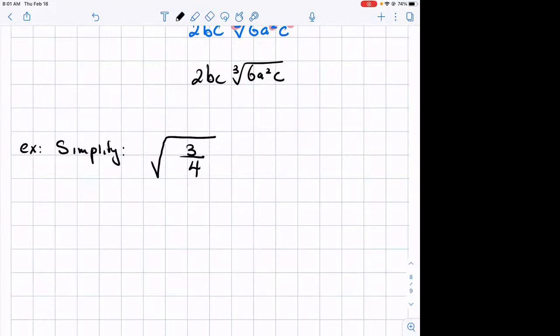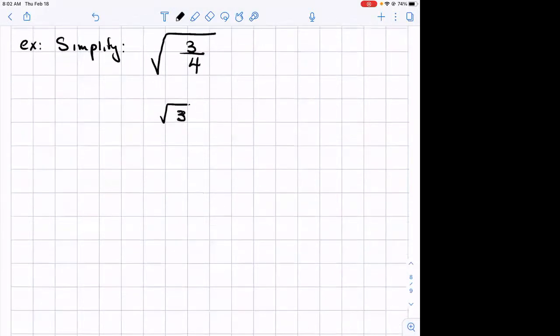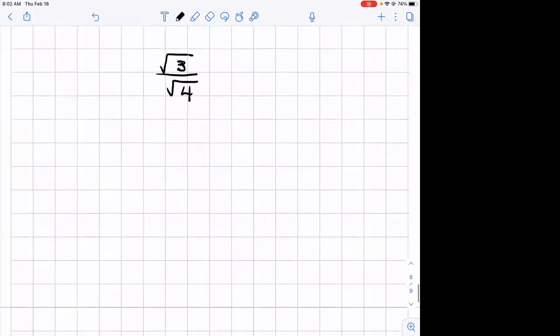Now, using the property, this can be rewritten as the root of 3 divided by the root of 4. And we don't know the root of 3, so that stays as the root of 3.